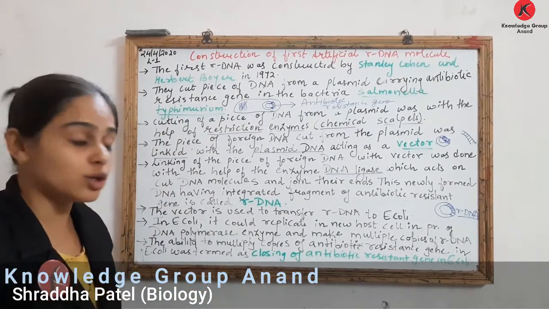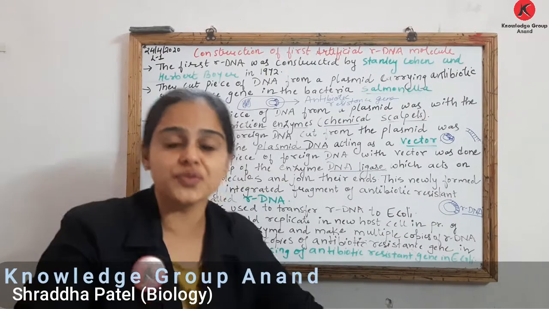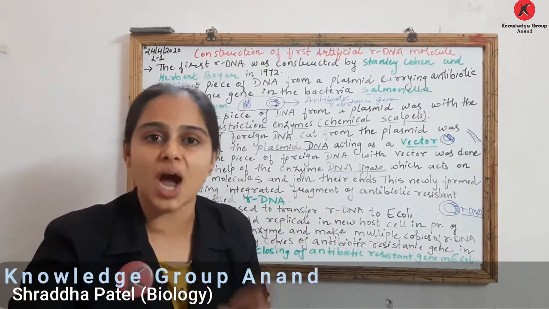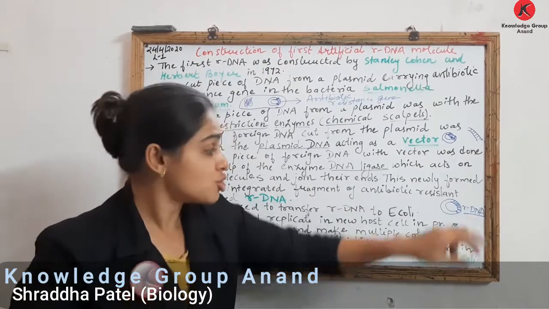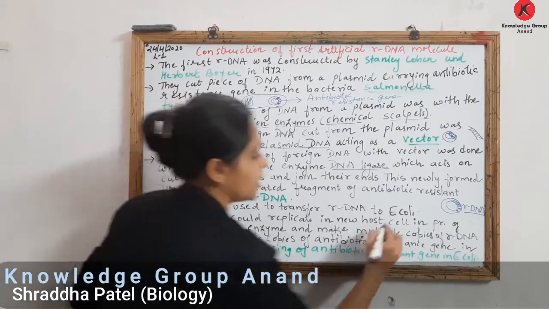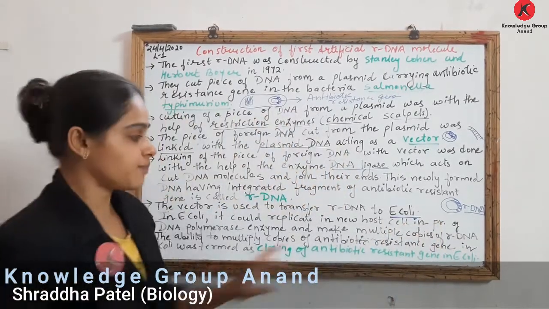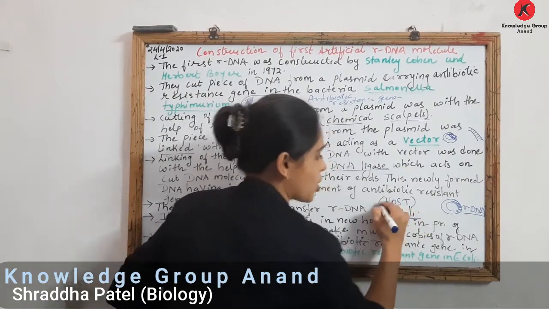Now what we have to do, this recombinant DNA we are going to transfer into our host cell, where it has to be replicated. Okay, so this recombinant DNA is transferred into E. coli. E. coli over here acts as your host.